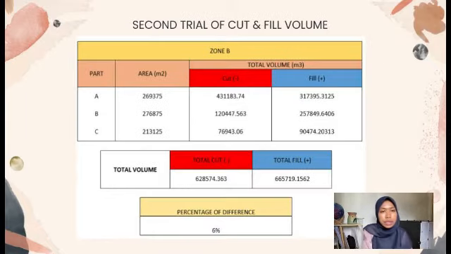After adjusting the proposed level for each part and taking any factors into consideration, we came up with the second trial of cut and fill volume, which is a success because we obtained a percentage of difference of 6%, lower than the acceptable 15%. So it is acceptable, and we can continue our calculation using this difference and the proposed levels assigned in the second trial.